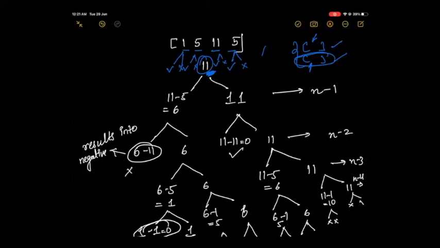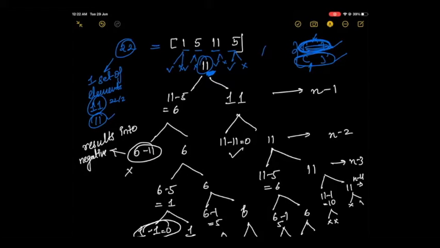Since we know the total sum is 22, if we get at least one set of elements that have a sum of 11, which is 22 by 2, then we know that the other half would also be present. So we are keeping that faith and considering only one set, finding out if it is possible to make a set which has a sum 11.